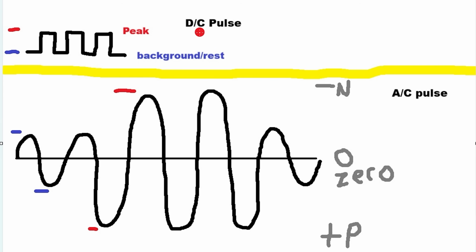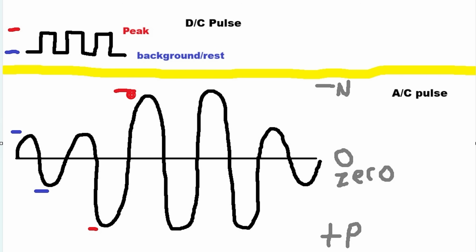Well, now that you understand DC pulse, AC pulse works basically the same way. It's just that you're doing it with a sine wave or a square wave or a triangle wave. Here I have depicted a sine wave, but when you set your resting amperage on the pulse or your background current, that's going to be the low point when it's not pulsing, like depicted in this area.